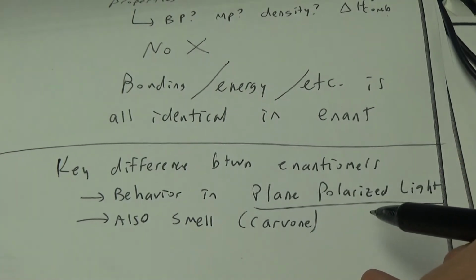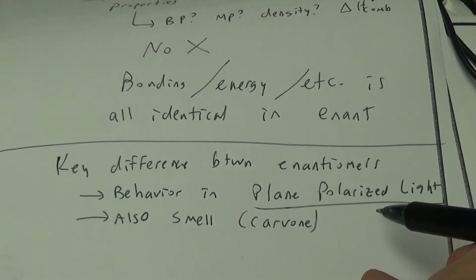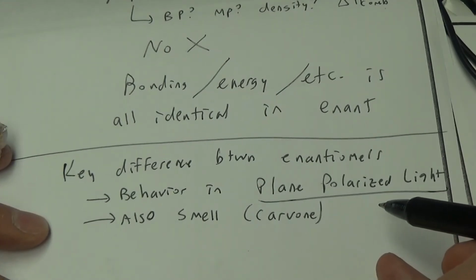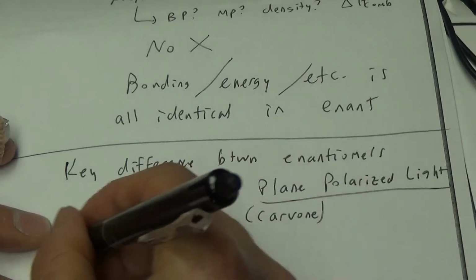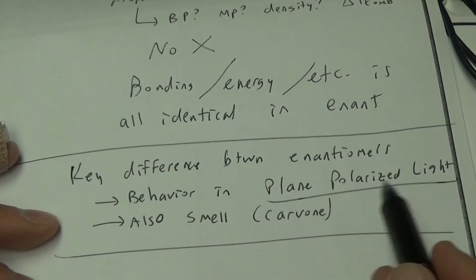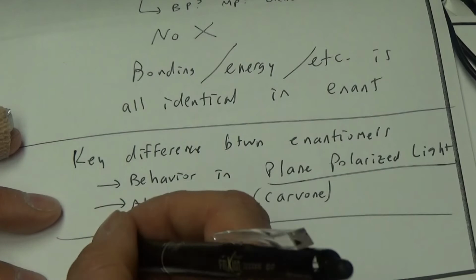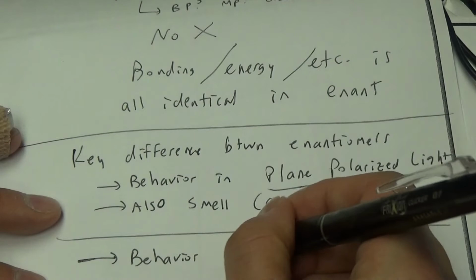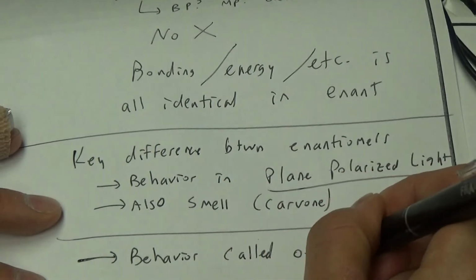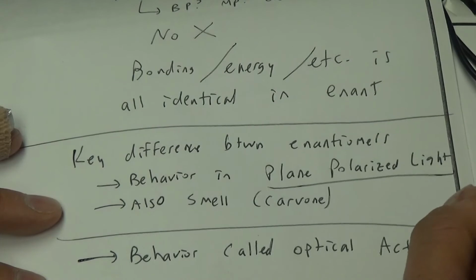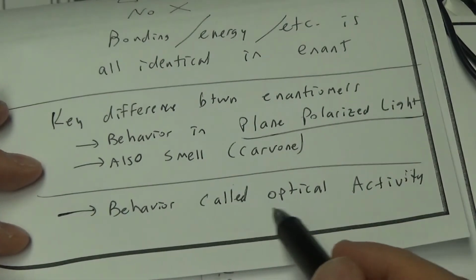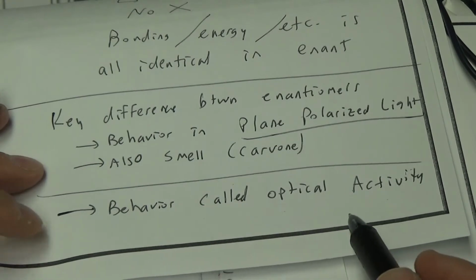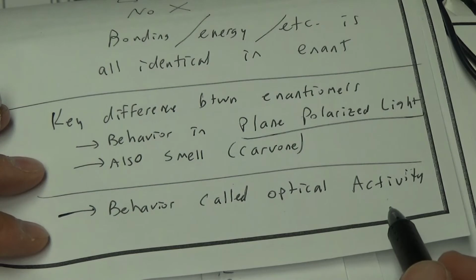It's kind of a pretty cool story. Okay, so plane polarized light. I'll show a nice figure of this in a second, but the behavior is called optical activity. What we're going to see is that enantiomers will actually rotate light, and we can observe the rotation of light.